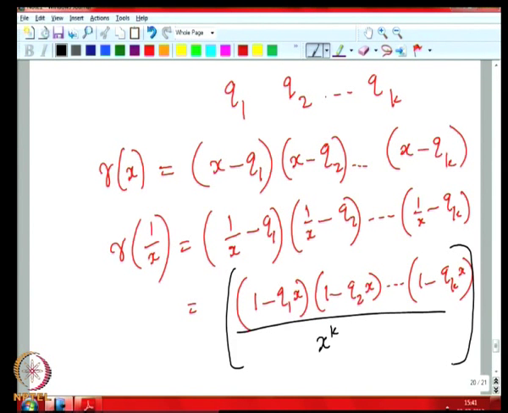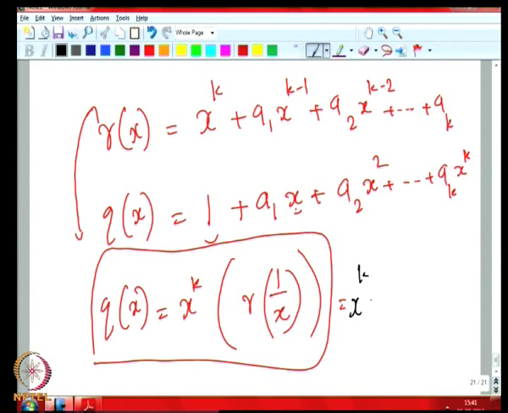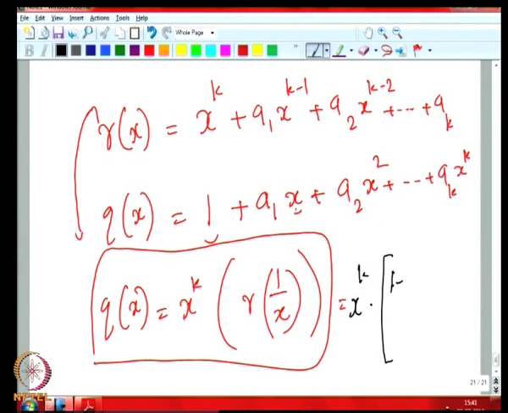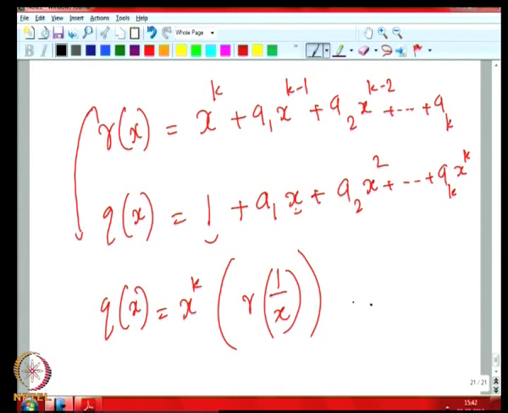This is what r is. So we can substitute x raised to k into 1 minus q1 x into 1 minus q2 x. Okay, we will do it in the next page. So, I will repeat it.